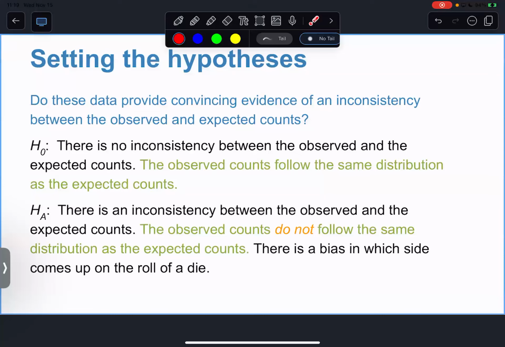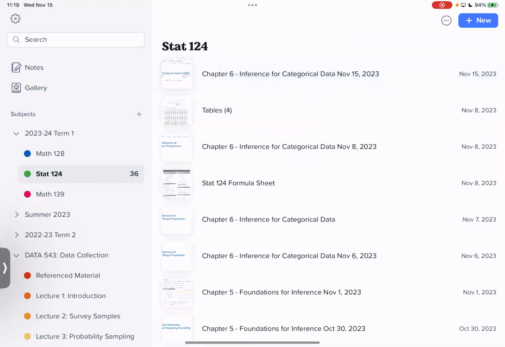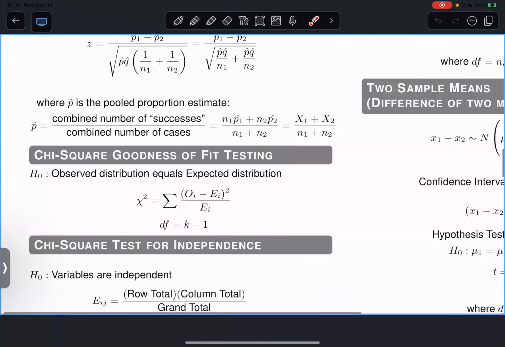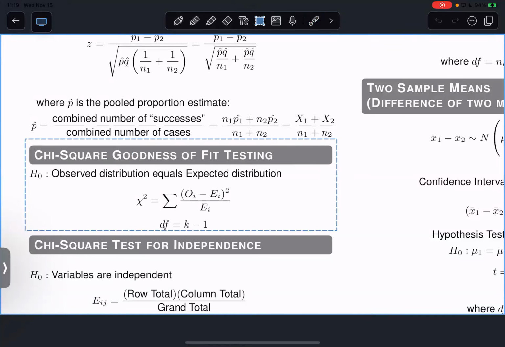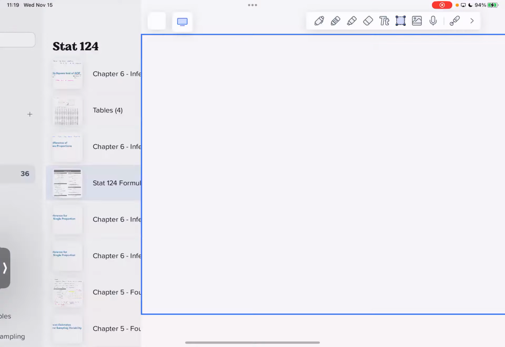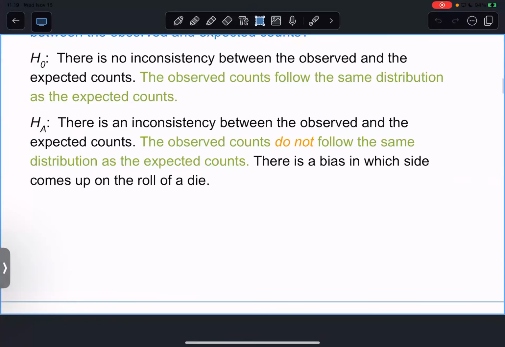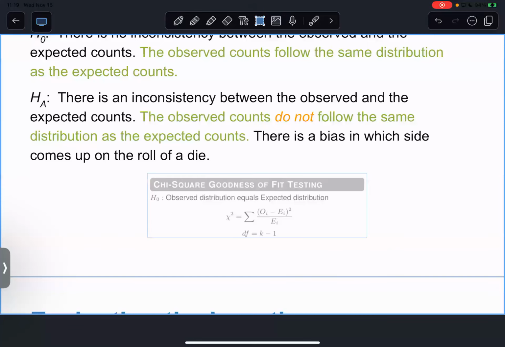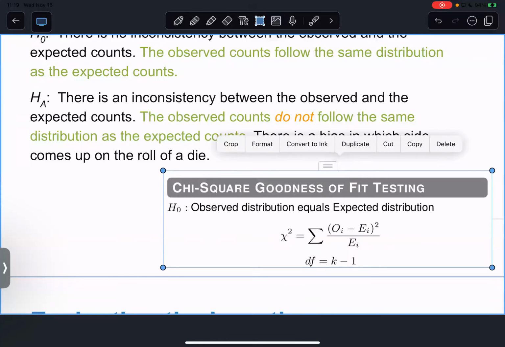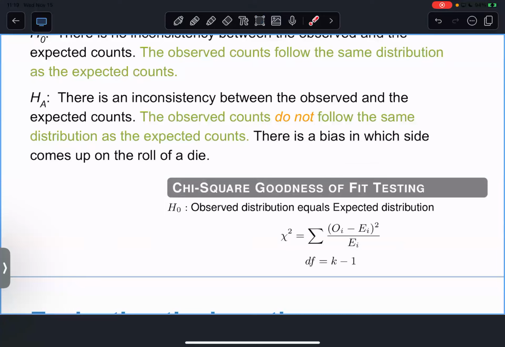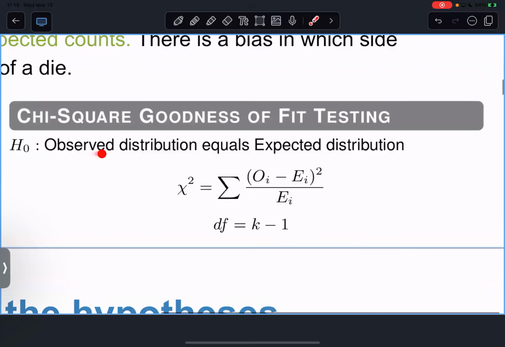If we go to our formula sheet now, all I really give you here on your formula sheet is this. The null hypothesis that I give you is the observed distribution equals the expected distribution.